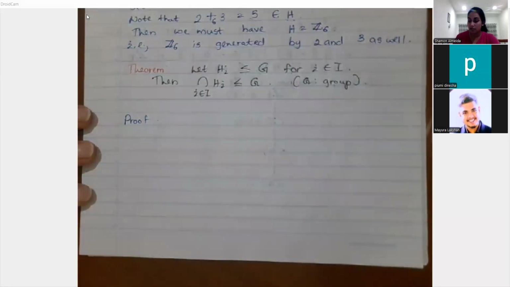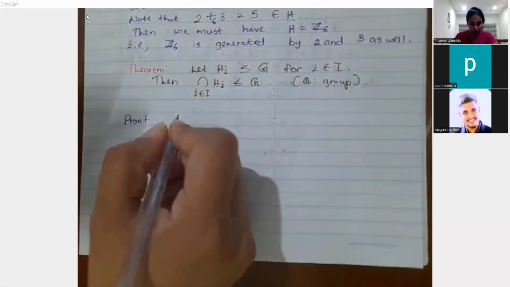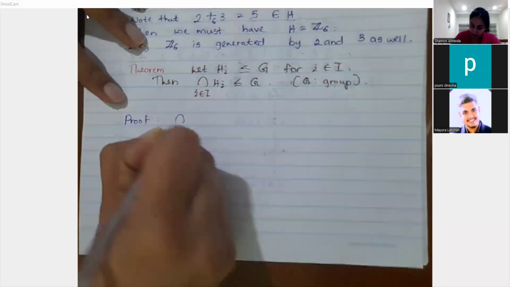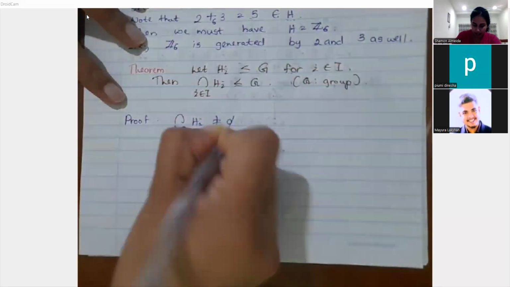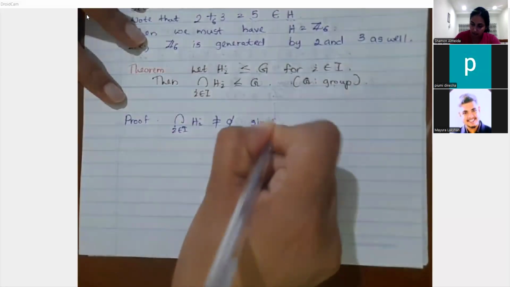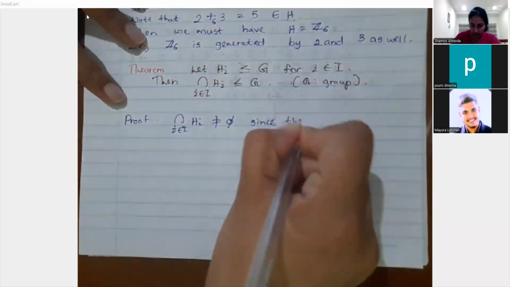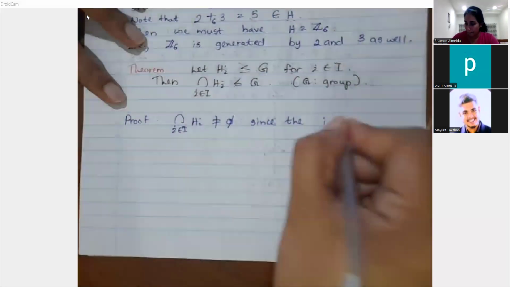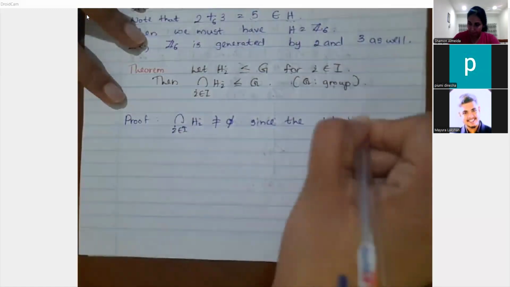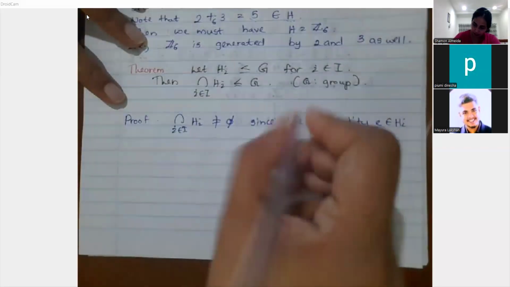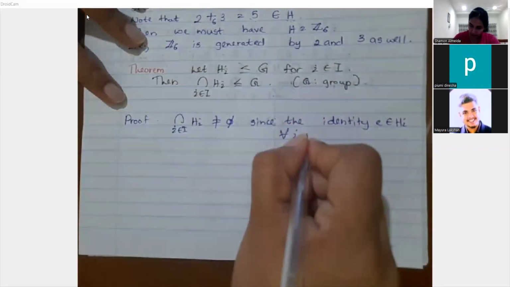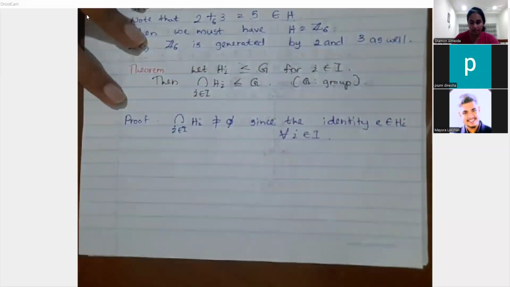So we can write the intersection of Hi is not empty since the identity e is in Hi for all i in this index set.